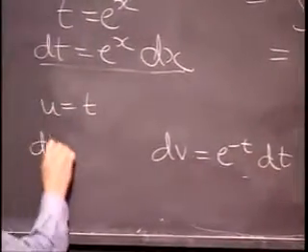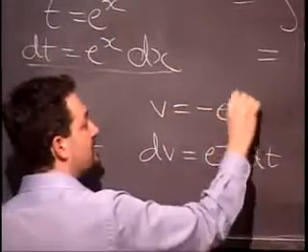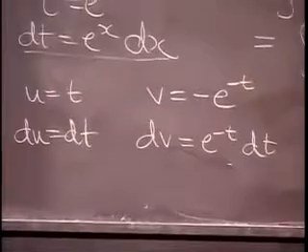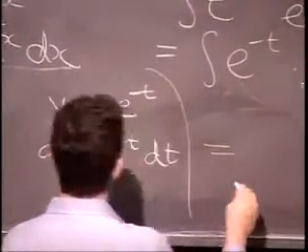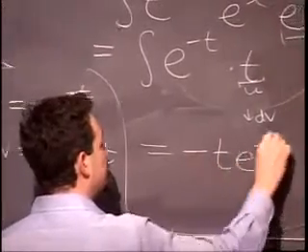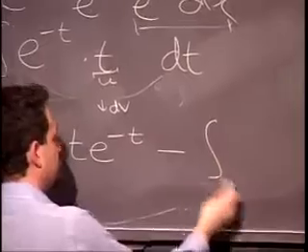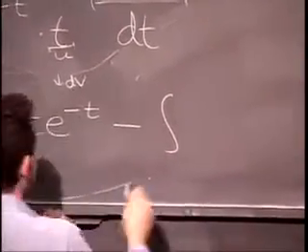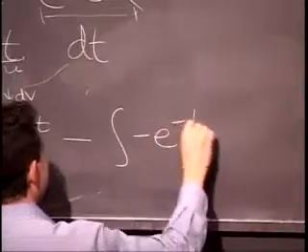So du is just dt. v is negative e^(-t). Don't need a constant when you do that integral. And so this becomes uv, so that's minus t e^(-t), minus the integral of v du rather, which is negative e^(-t) dt.